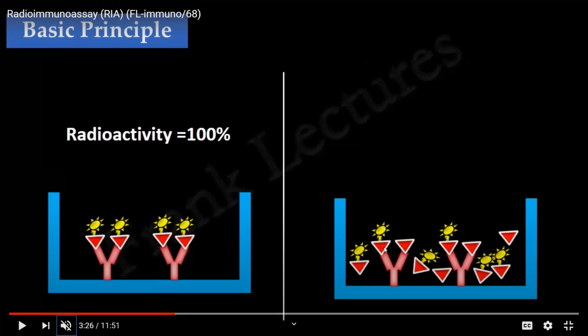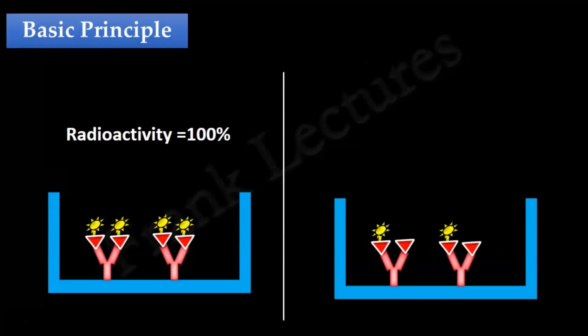But the antigens are the same. So obviously both the antigens will be specific to this antibody, and that is why this time not necessarily all the radio-labeled antigen will go and bind to the antibody. It may be the non-labeled one also. Anyone can go and bind.